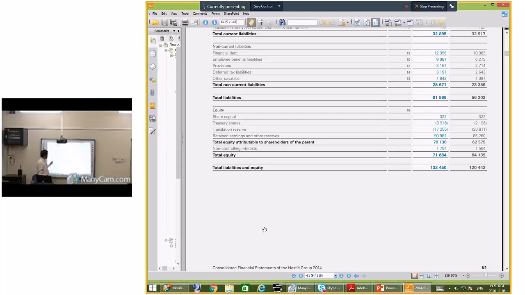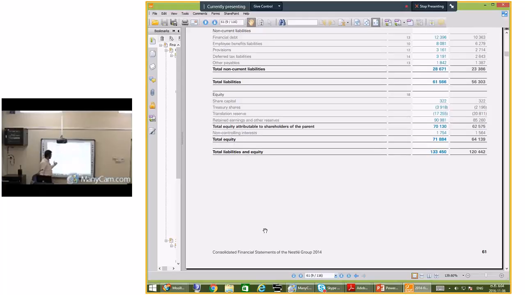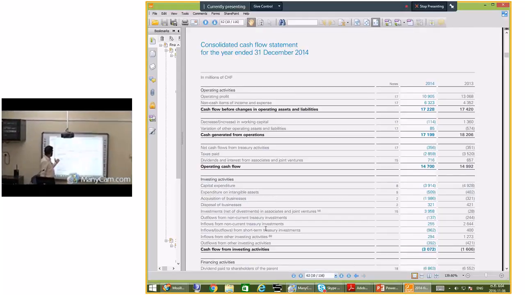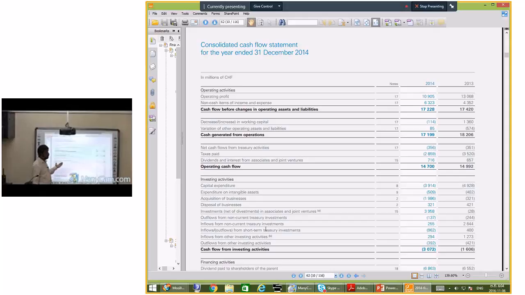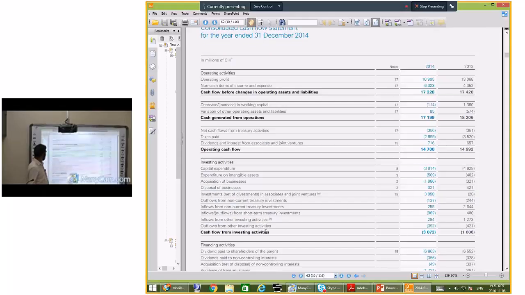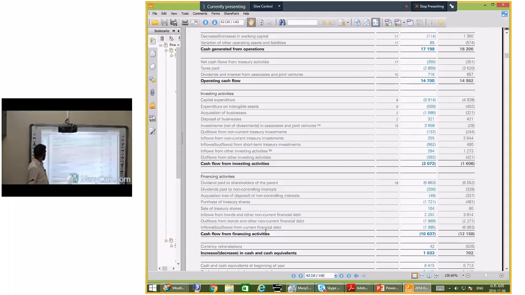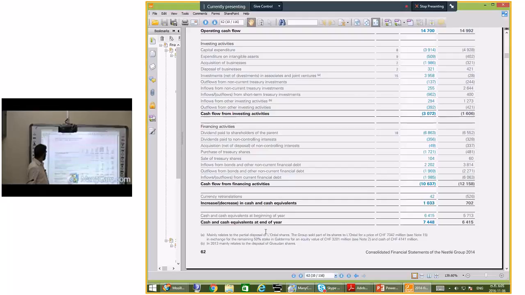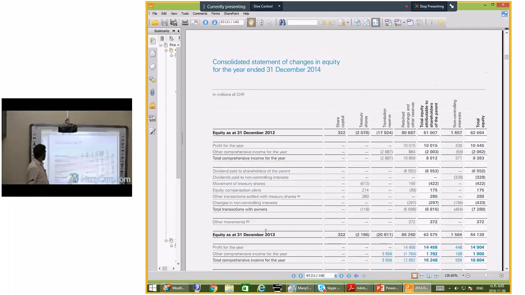And not only that, if you refer to that type of financial statement, we can see cash flows during the last accounting years: operating cash flows, investing cash flows, and financing cash flows, all are here.